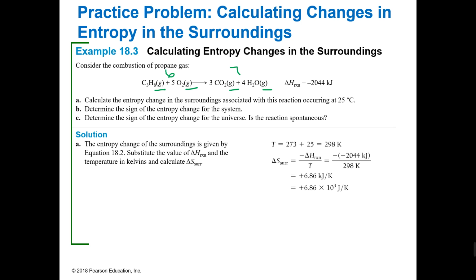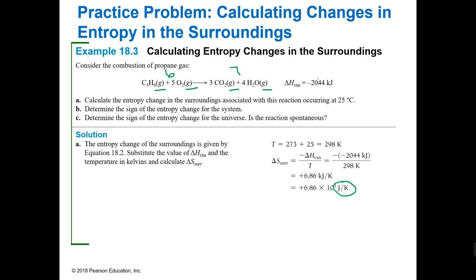Okay, so we're just going to use that last equation to plug and chug. And we're using that one because we're not given a Q, but we are given delta H of the reaction. So when you plug and chug, make sure your units are matchy-matchy, and often the final units need to be in joules per Kelvin.